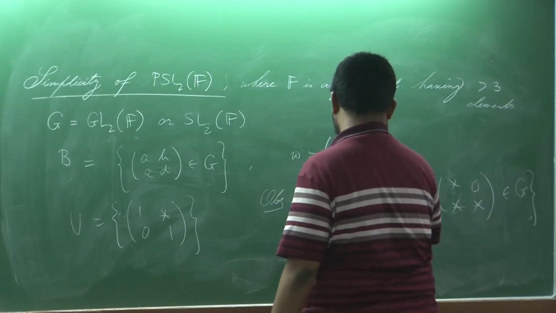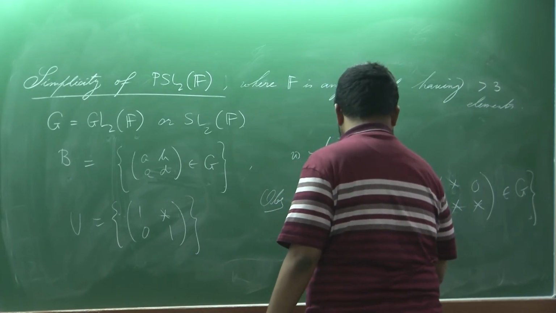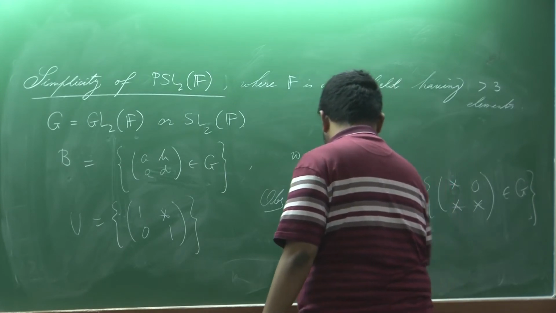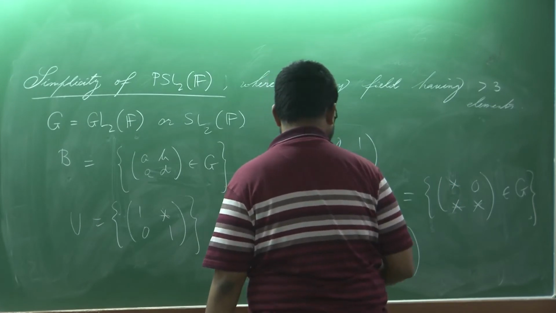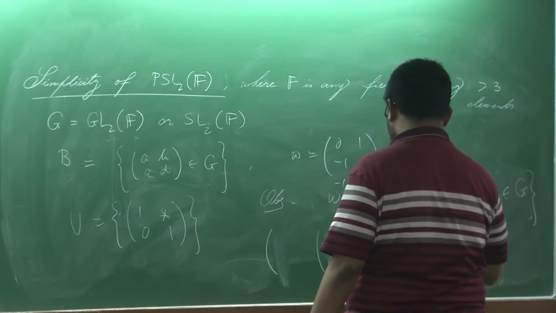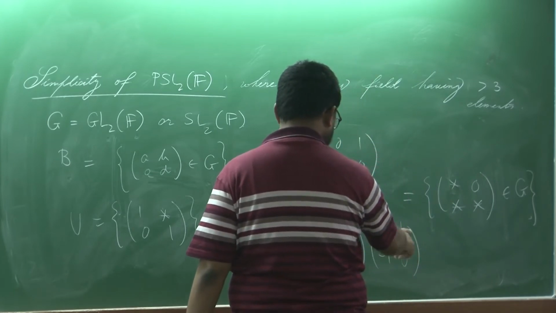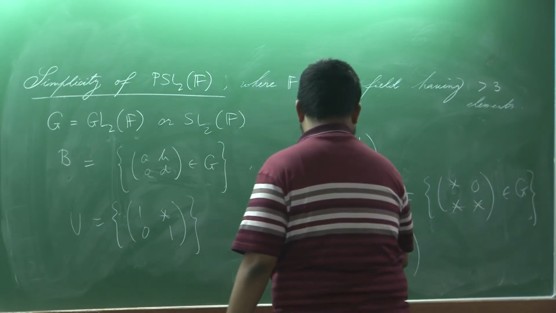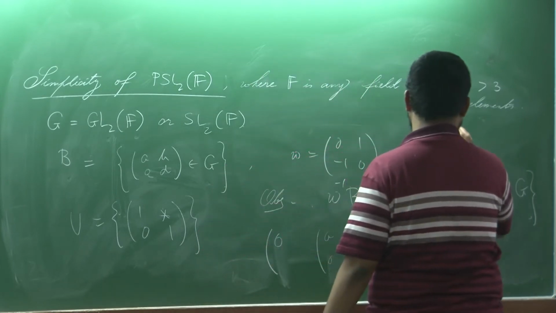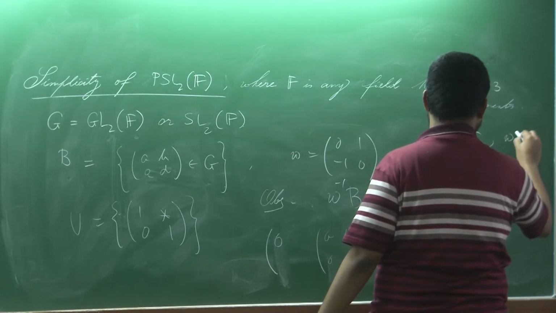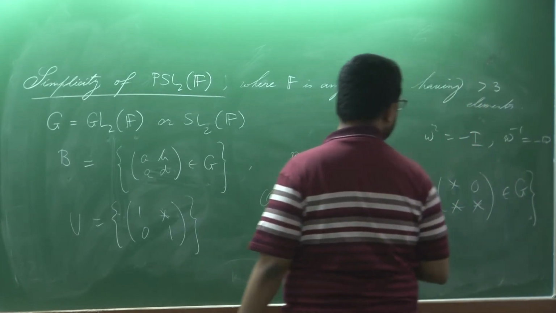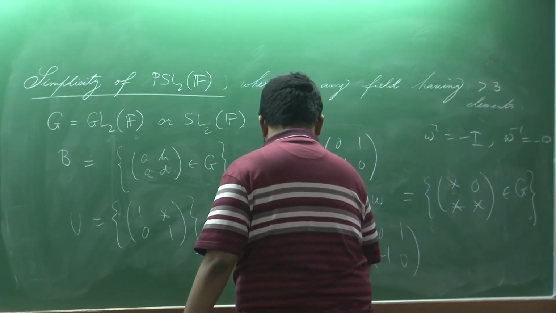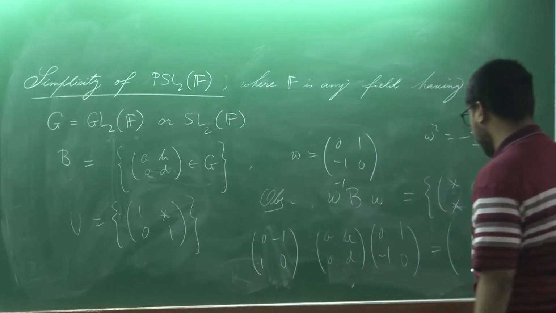W has determinant 1, okay. You see that W squared is minus identity, so W inverse is minus W, right. Then you can immediately check how it operates.